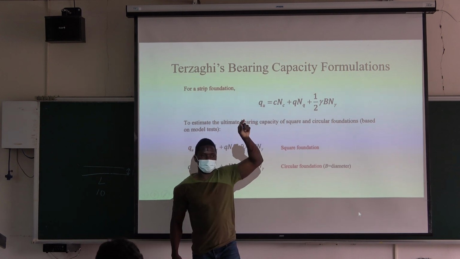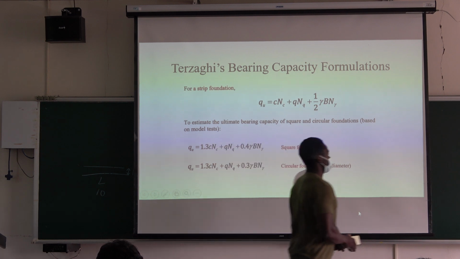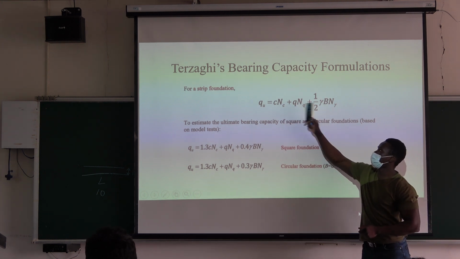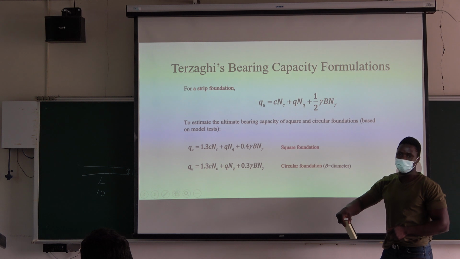It can go up or down. If the soil at the bottom is stronger, obviously this value will go up. But if it is weaker, there's a chance that this value, instead of going up, will go down, because only one value goes up, but the other two have the potential to go down.